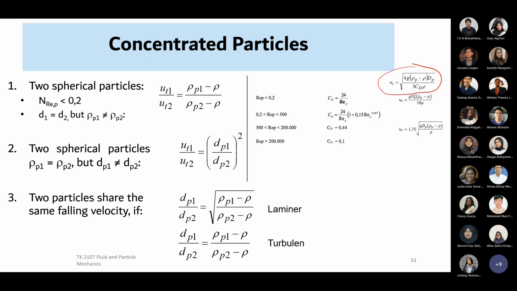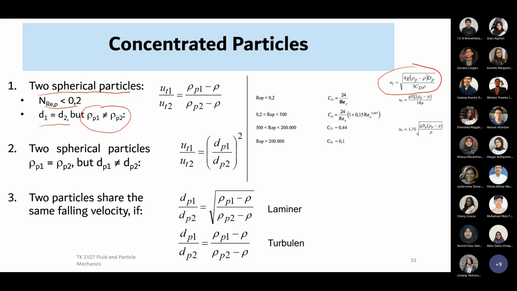If now you have two spherical particles with different characteristics, but you know that both of them are laminar, and that they have the same size but are constructed from different materials, so they have different densities, then this is just a shortcut for you to have a quick terminal velocity comparison ratio.